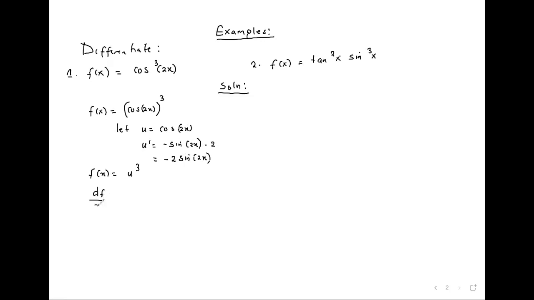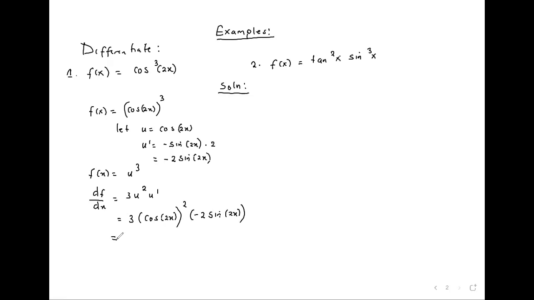Differentiate it, we'll get 3u squared using power rule. And then chain rule says you must also differentiate the inside. So we have 3 u, which is cos 2x squared, and u prime is negative 2 sine 2x.